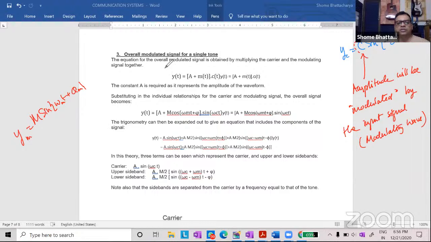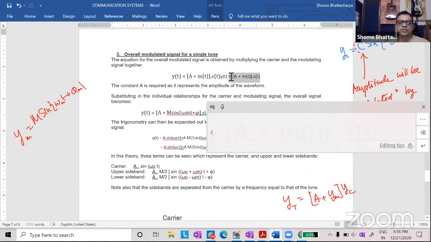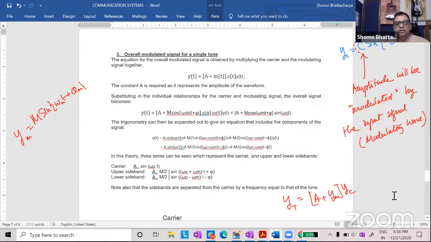So the modulated signal finally, or the transmission signal, which is the modulated signal YT, will be given by this kind of factor: it will have some amplitude plus the modulating signal ym, multiplied into the carrier wave, which I call YC.